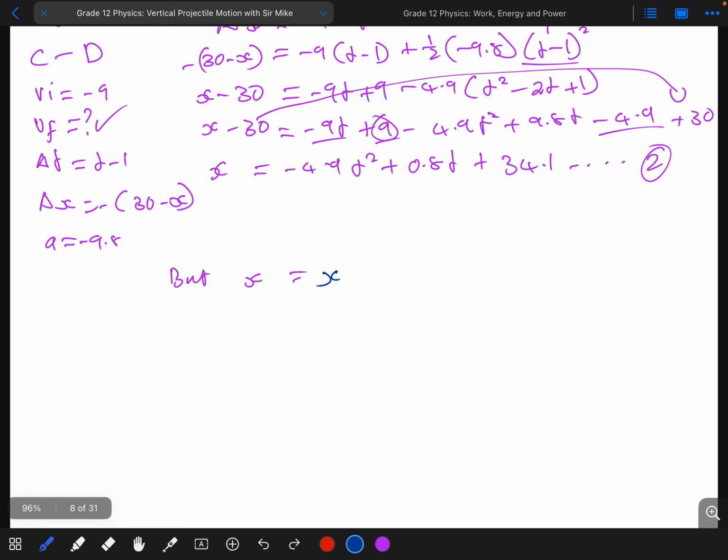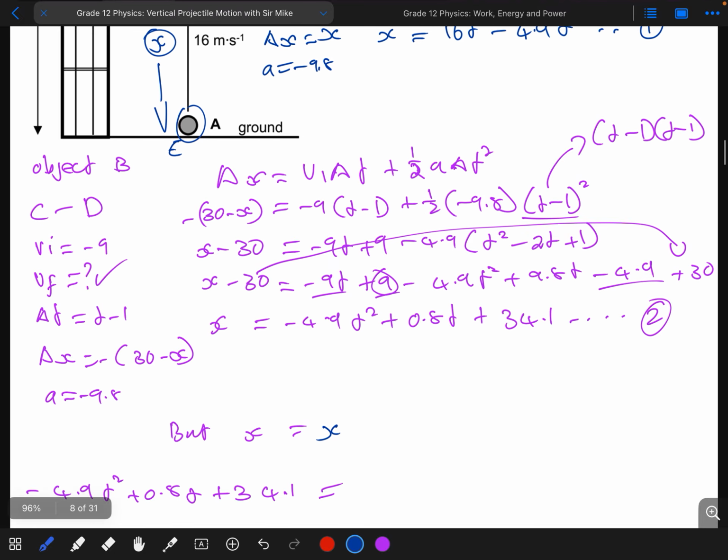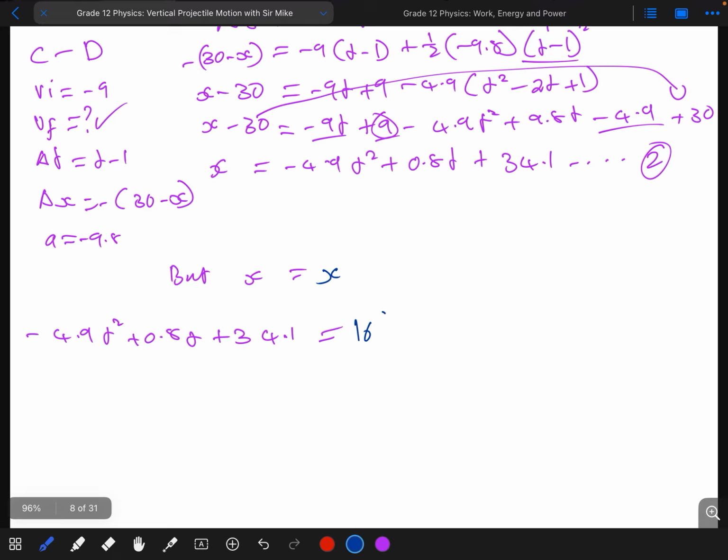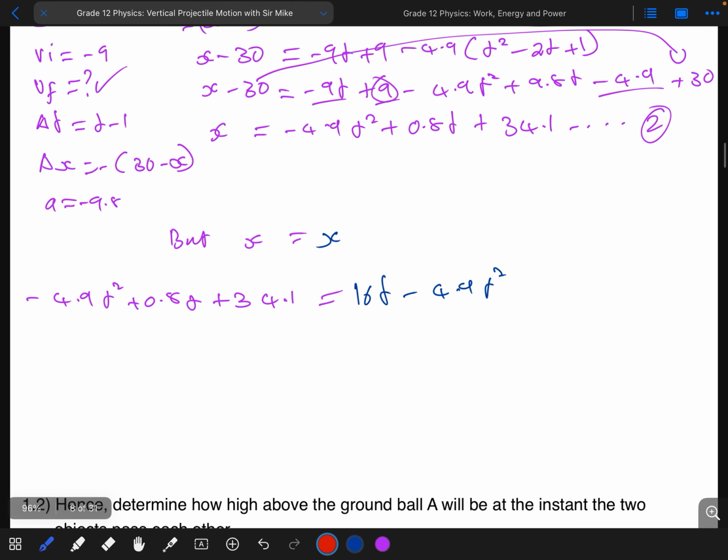Negative 4.9t squared plus 0.8t plus 34.1 equals that second one, which is 16t minus 4.9t squared. You can simply note that negative 4.9t squared cancels with that.